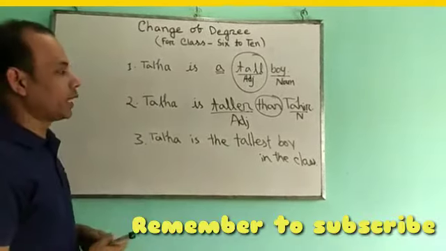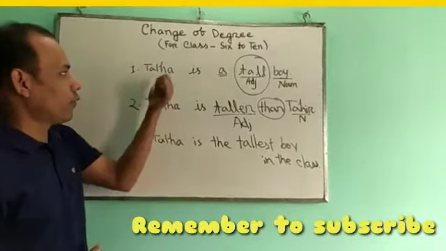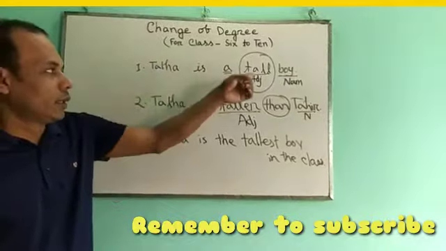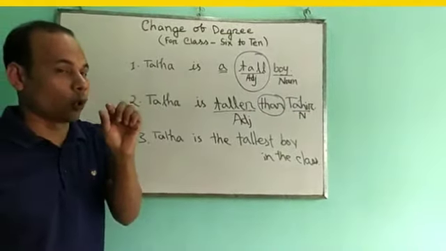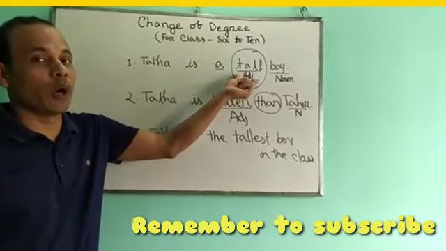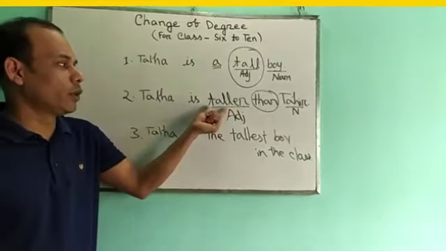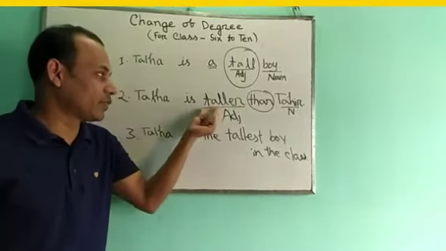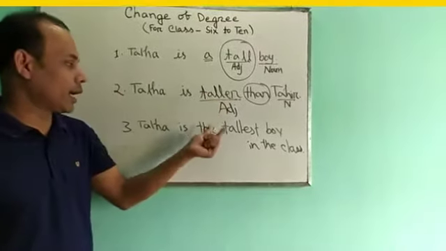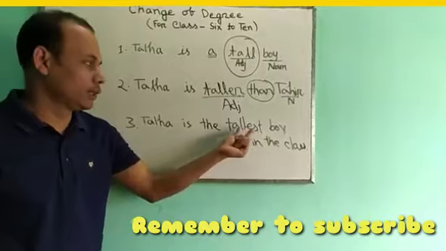I have written 3 sentences here. In the first sentence, we have used the direct word tall, the base form of the word. But in the second sentence, I have used the suffix er after tall. And in the third sentence, I have used est.